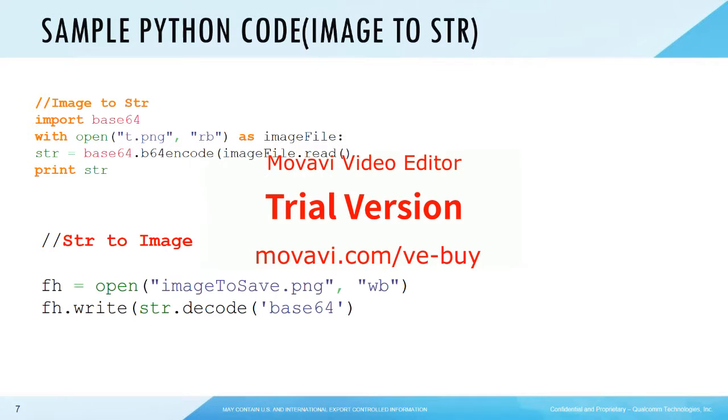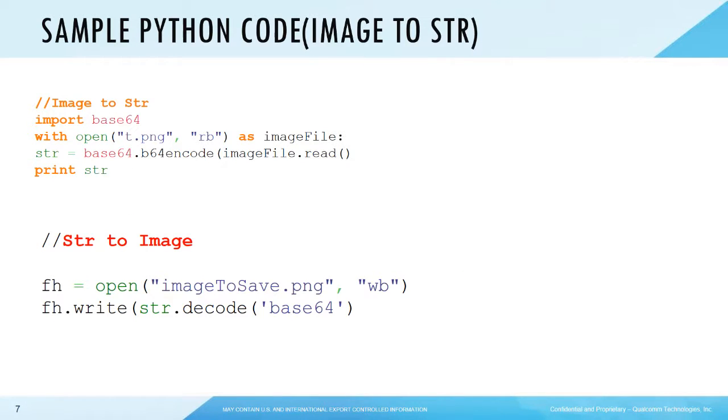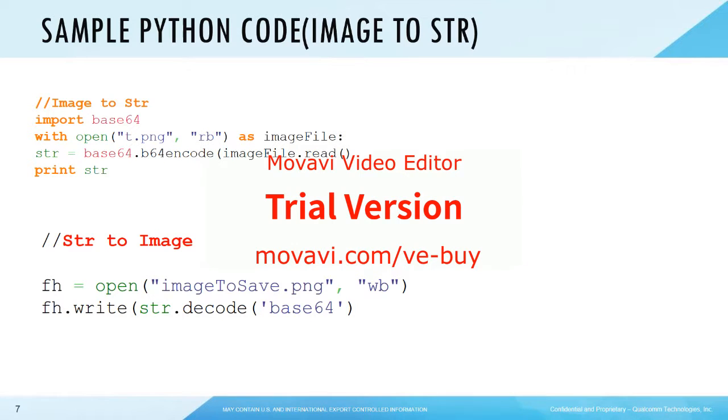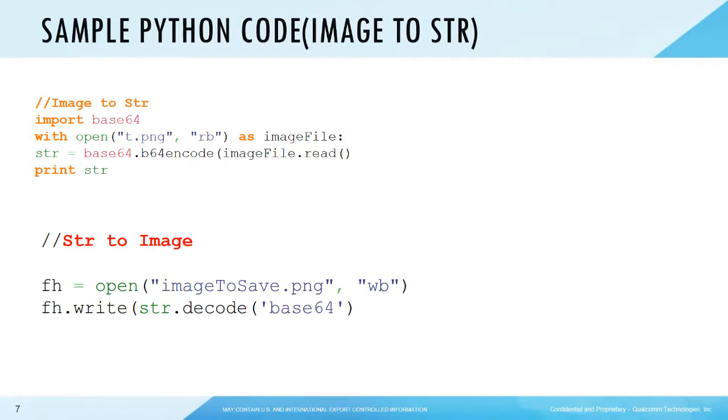On the next slide we show the relevant snippet of a Python script that is responsible for taking the image file and converting it to a string using this standard encoding function, base64. Basically read the file and create the string.